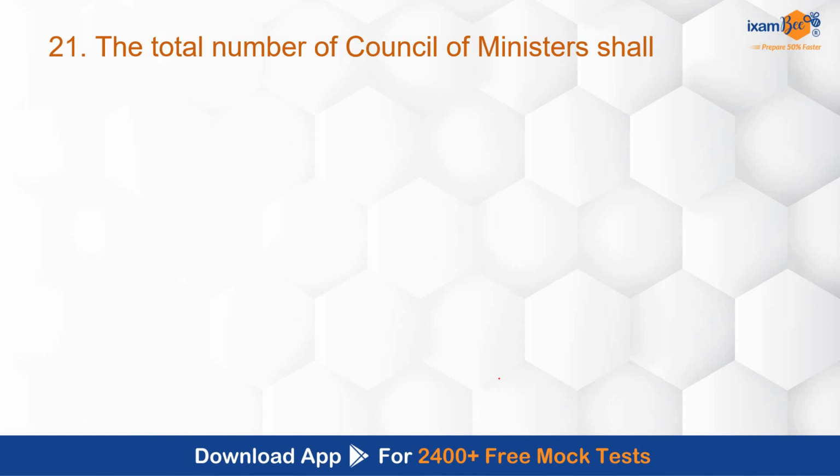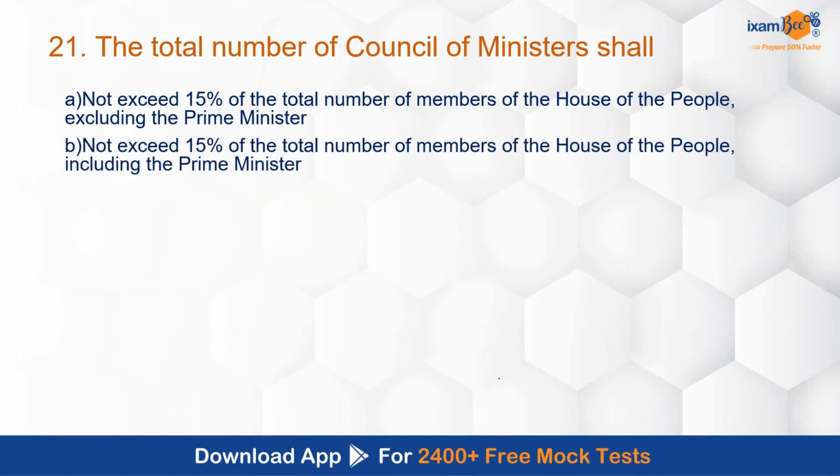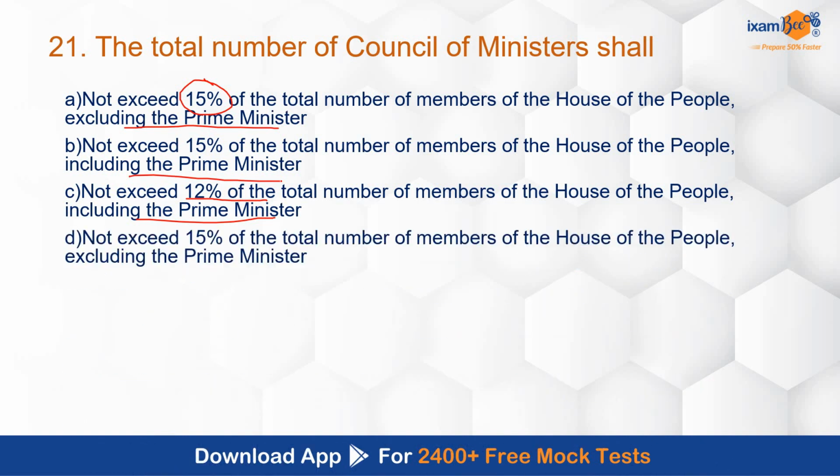The total number of Council of Ministers shall not exceed 15%. Options: shall not exceed 15% of the total members of House of People excluding the Prime Minister; including the Prime Minister; 12% of total members of House of People including the Prime Minister. You can see the stress was either on the percentage or on excluding or including the Prime Minister.